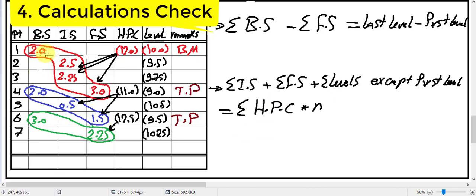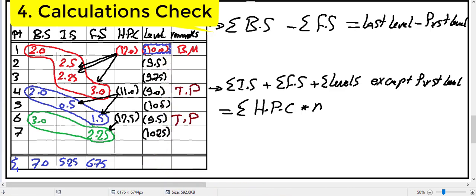So summation of backsight: 2 plus 2 plus 3 is 7. This is the summation row. Summation of the intermediate sight is 5.25. The summation of the foresight is 6.75. Then the summation of levels except the first level; the first level is not included in the summation.